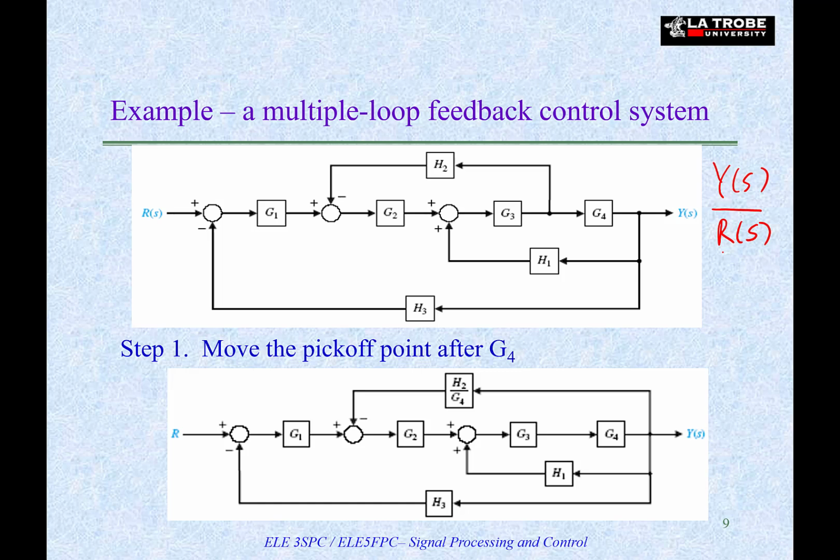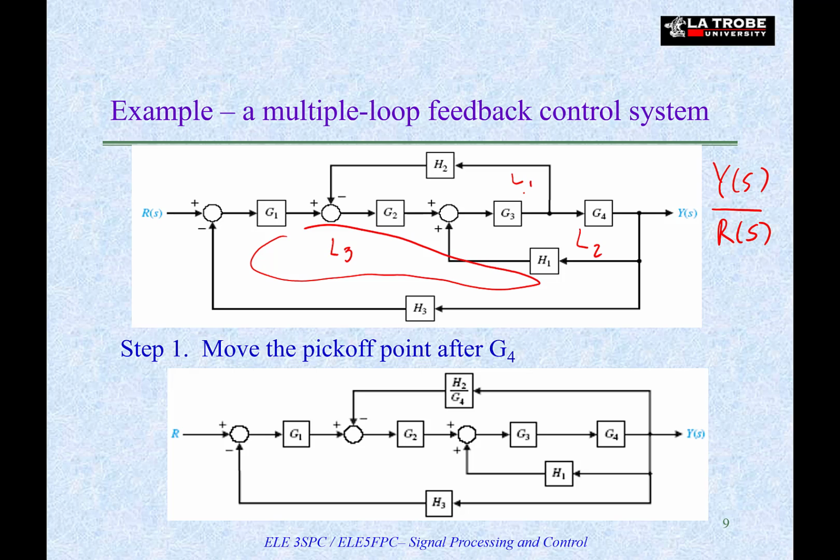How do we approach this problem? First, we can say we have several loops. In this example, we have loop 1, we have loop 2, and we have this big loop, which I call loop 3. So the first step is we need to clear these loops.